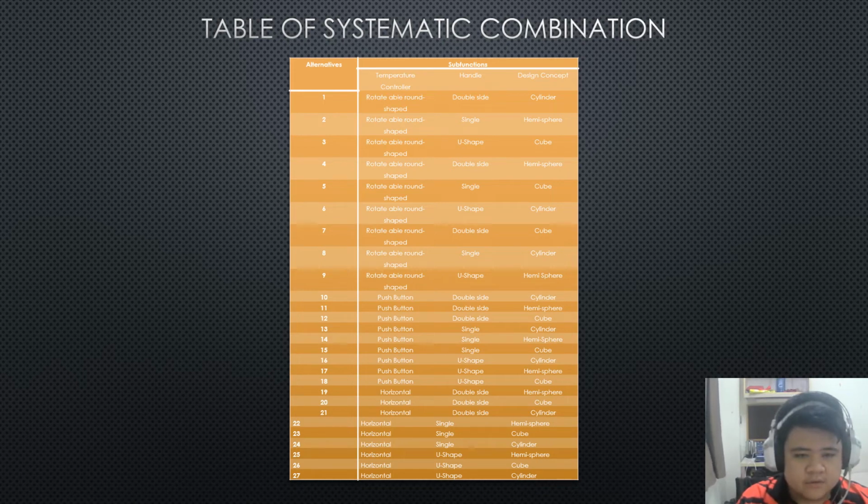In this table we can see there are 27 alternatives we have created, and for this project we have decided to choose alternative 17 as our design, which includes a push button feature for the temperature controller and a U-shape handle, and the design concept will come in a hemisphere shape.